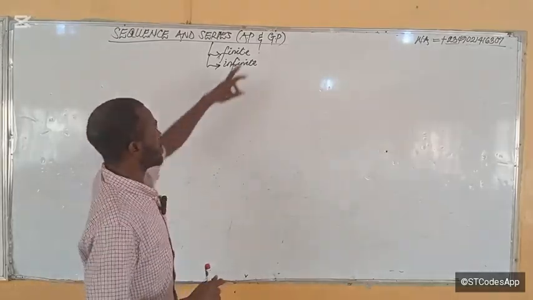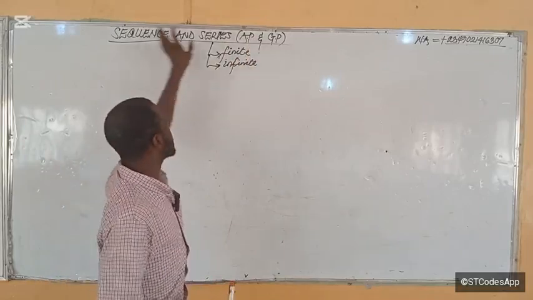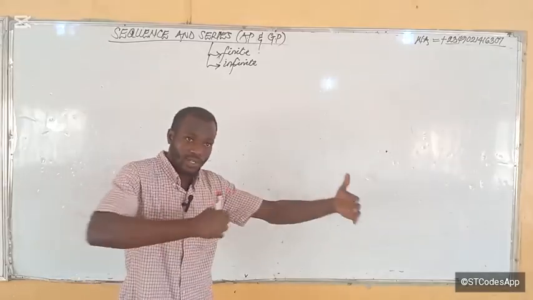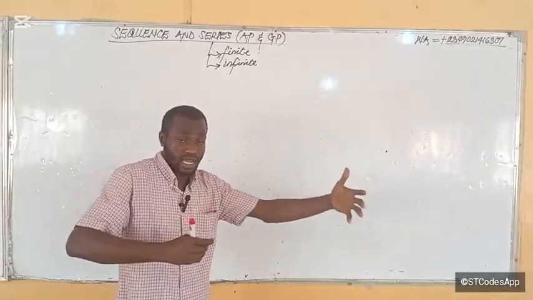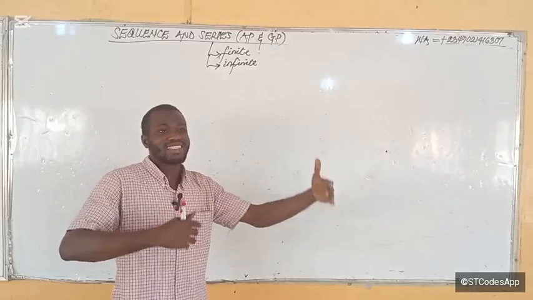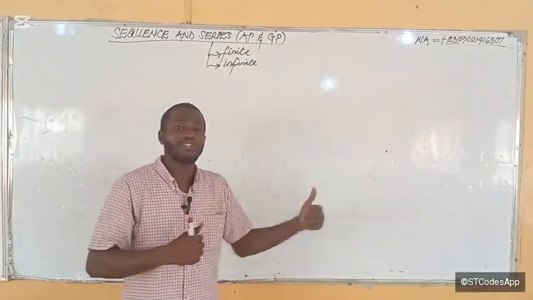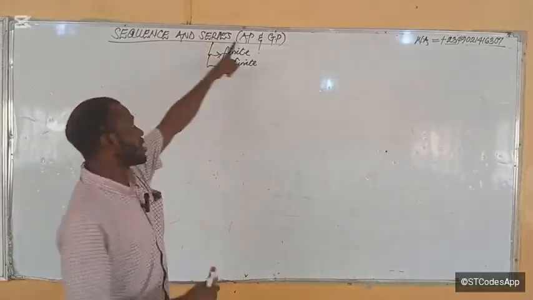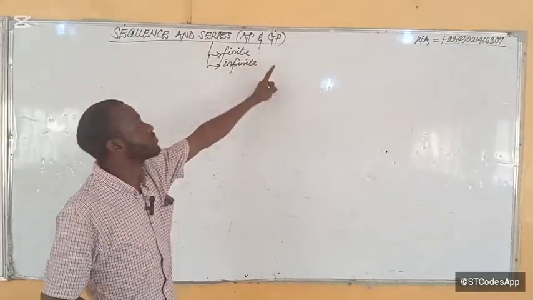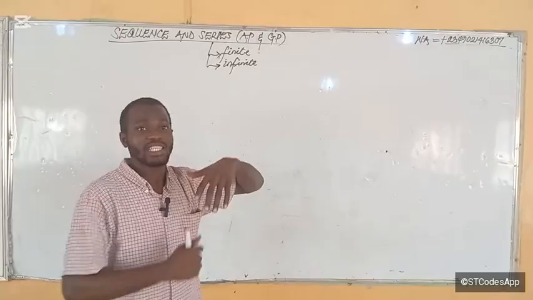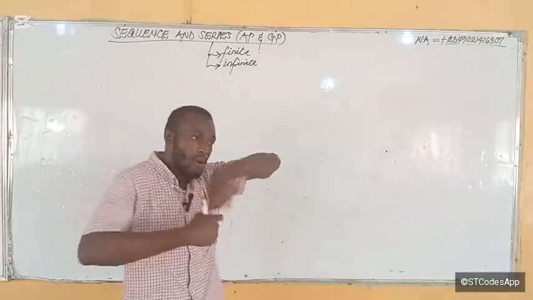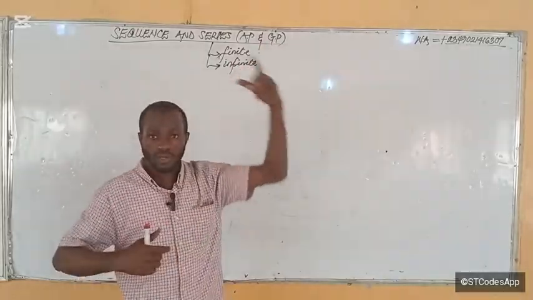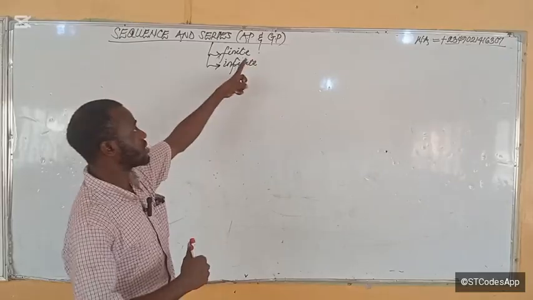For AP, any sequence or set of ordered numbers where the operation used is addition and subtraction is AP, arithmetic progression. GP is the one where the operation used to form the sequence or series is multiplication and division.